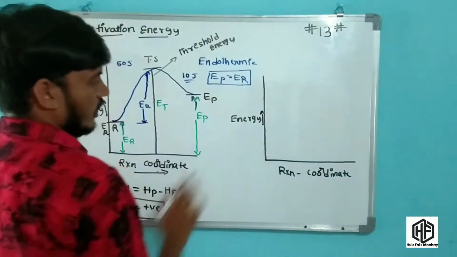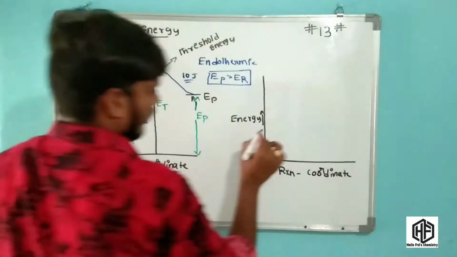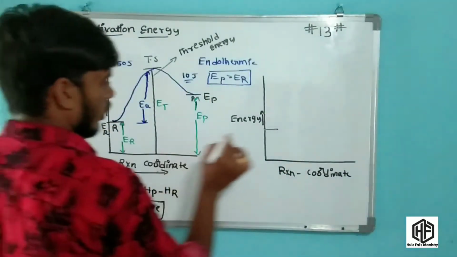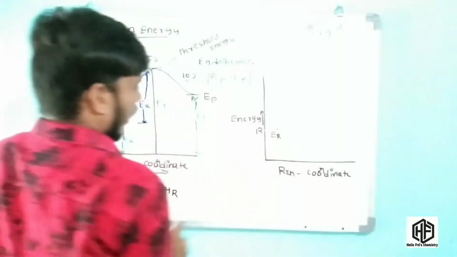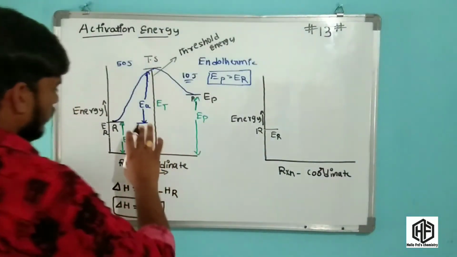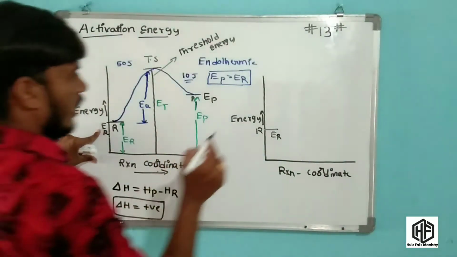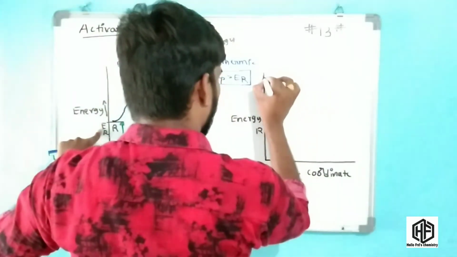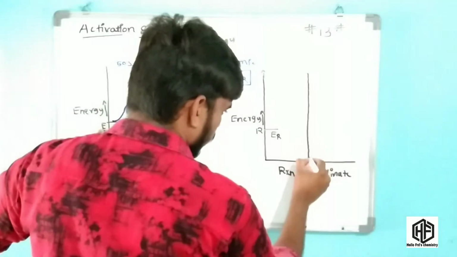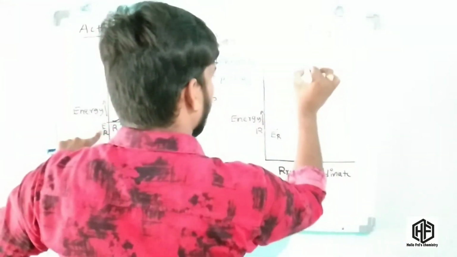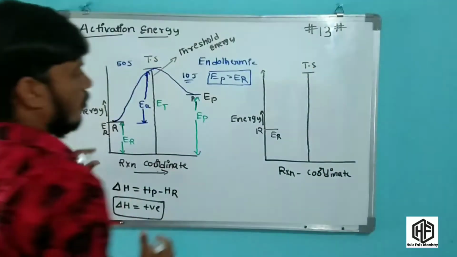The reactant has some energy, that energy is called the reactant energy. This is the minimum energy of the reaction at the transition state. This is the transition state or activated complex.